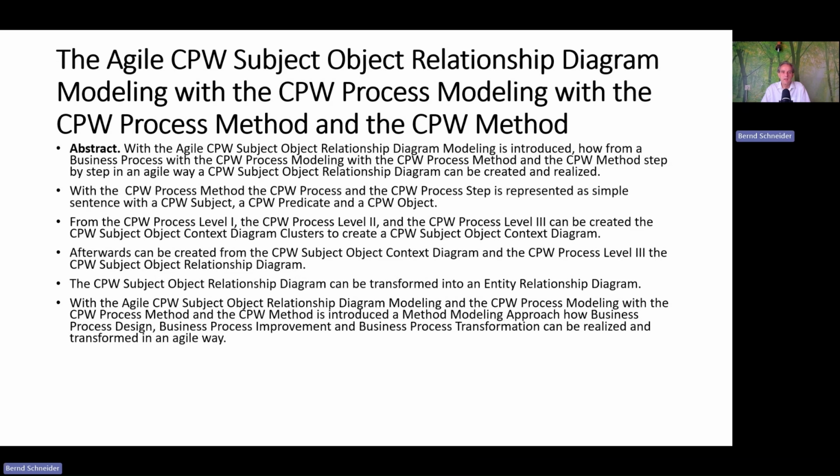Afterwards can be created from the CPW subject-object context diagram and the CPW process level 3, the CPW subject-object relationship diagram. The CPW subject-object relationship diagram can be transformed then into an entity relationship diagram.